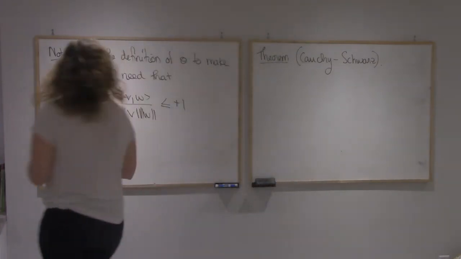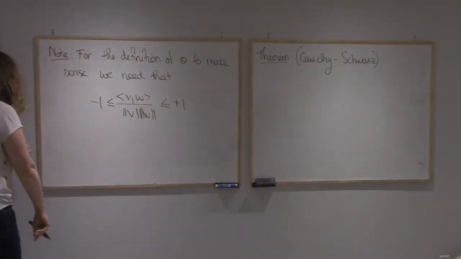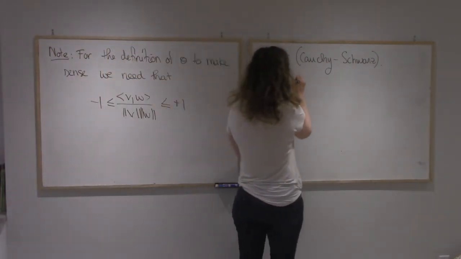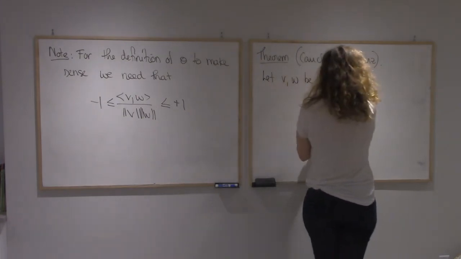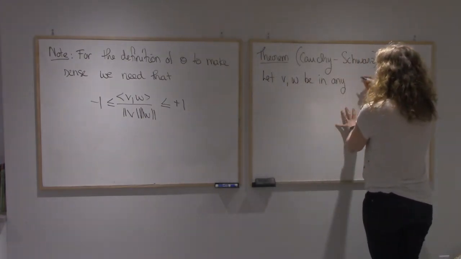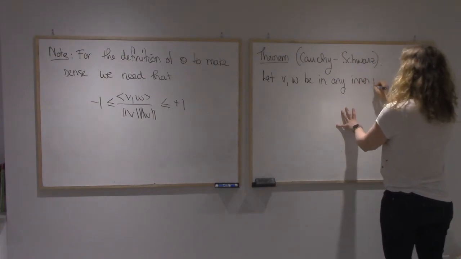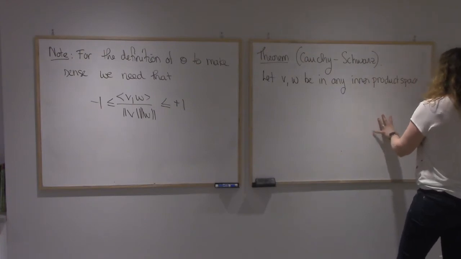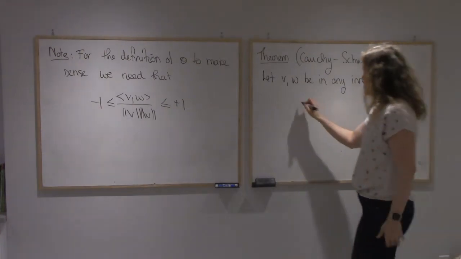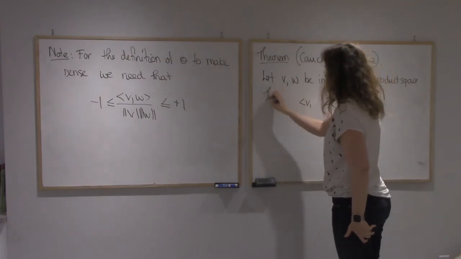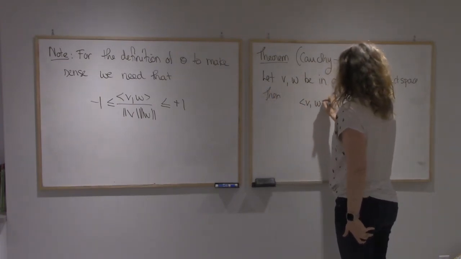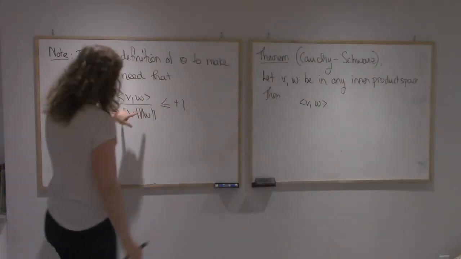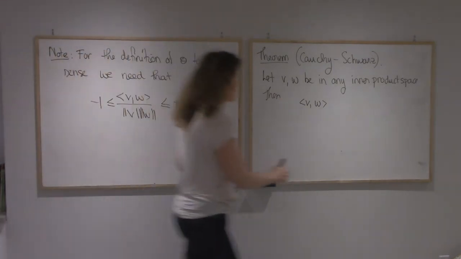So Cauchy Schwarz says almost exactly this, just stated slightly differently. Let V and W be any two vectors in any inner product space. Then I'm going to look at this top here, and send the length product to the other side.